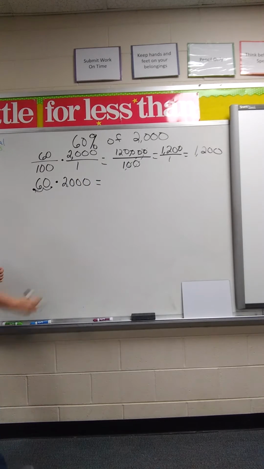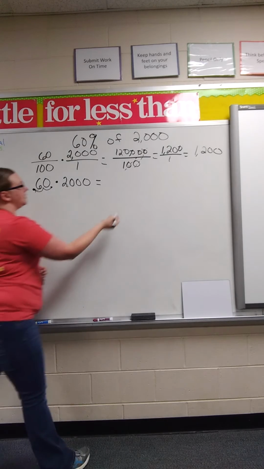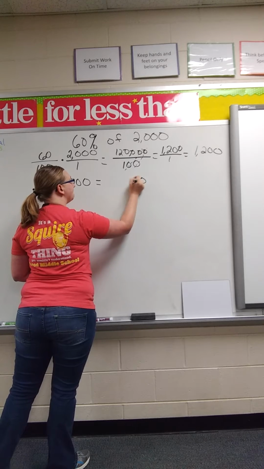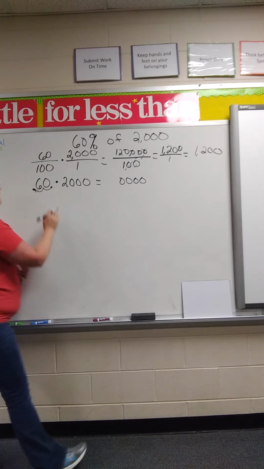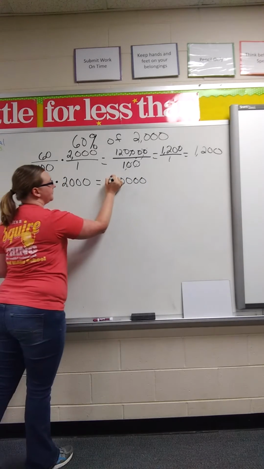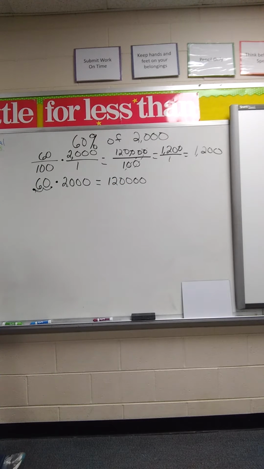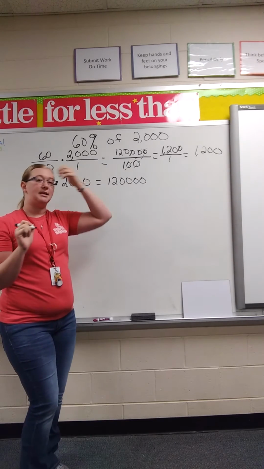Then I multiply. I have 1, 2, 3, 4 zeros. Two times 6 is 12. Now, I have to add in my decimal point. I have 2 decimal places. So I need 2 decimal places in my answer.